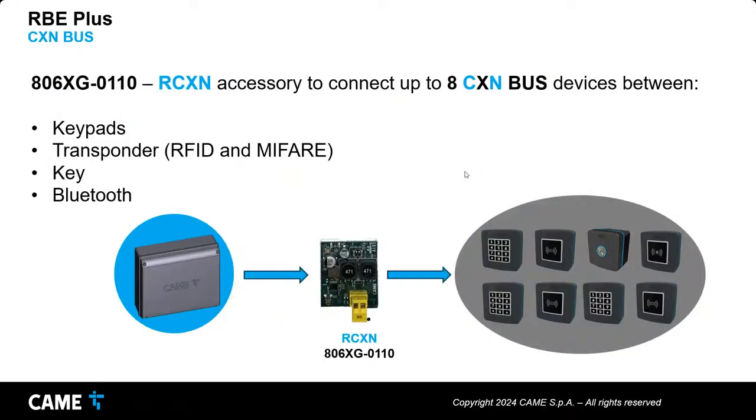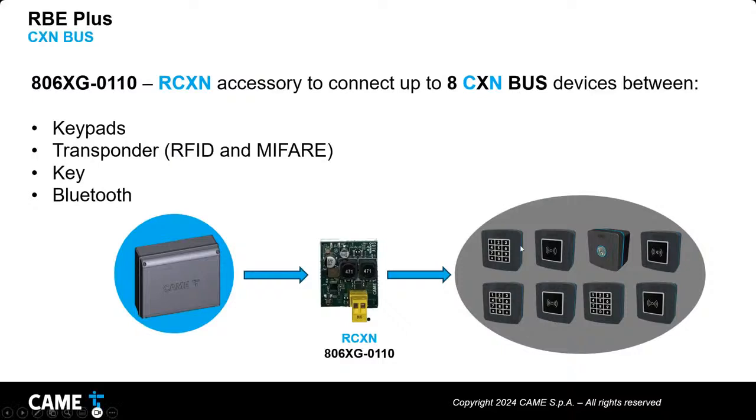Finally, we have also here the code of the RCXN additional board. So when you need to use selectors, bus selectors, please remember that if you do not buy any kit, but if you make the composition by yourself, please pay attention that this board RCXN is an accessory.